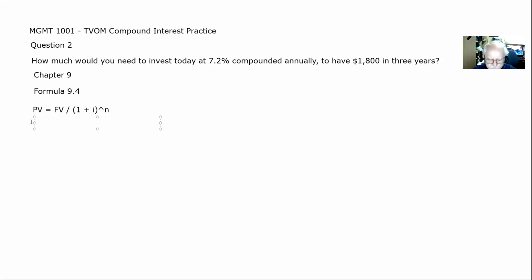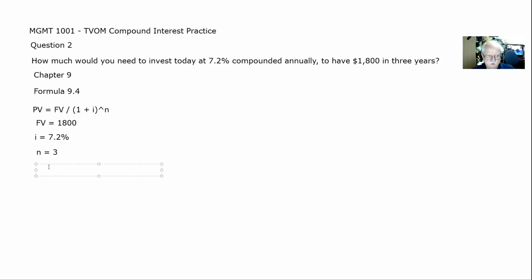We know the future value equals 1,800. We know the value of the rate of interest, I, equals 7.2%. And we know that n, the time period, equals 3.